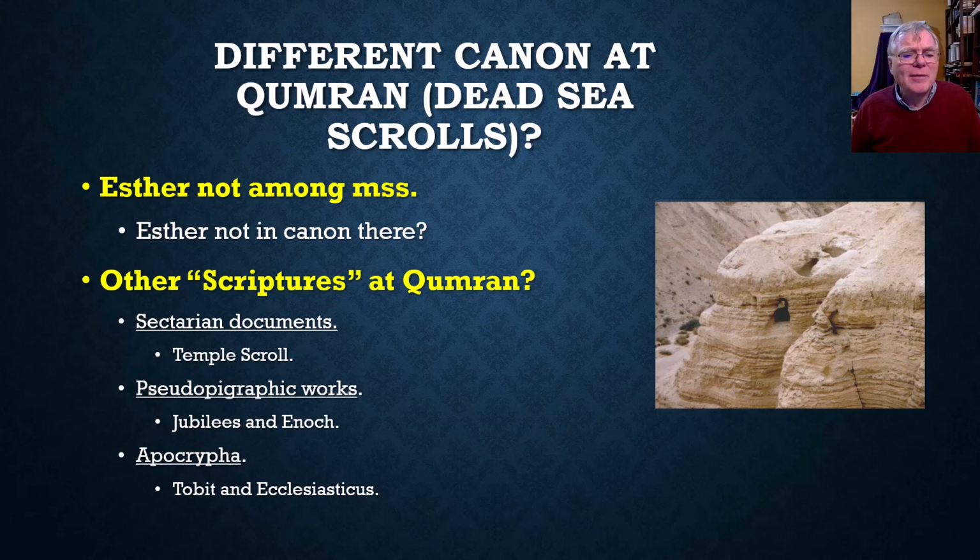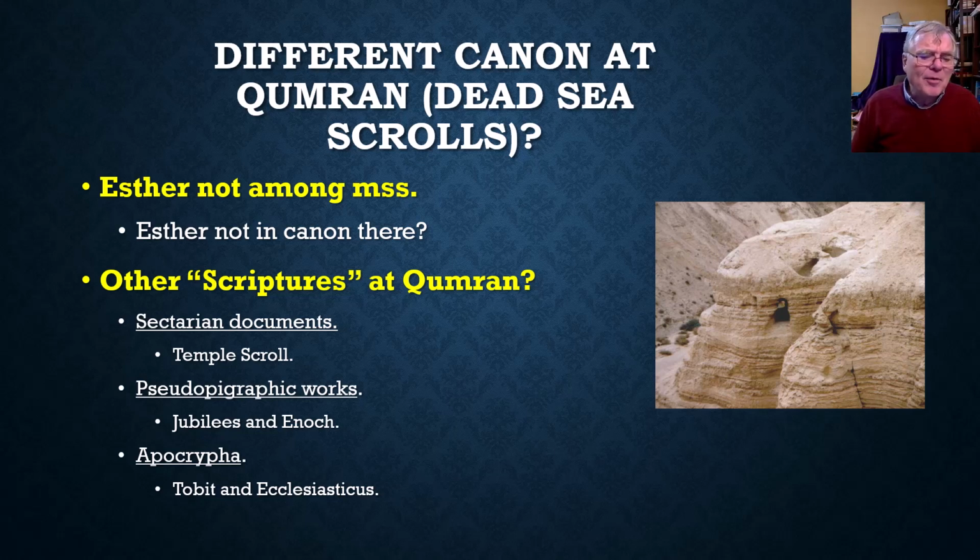Moreover, at Qumran, they also had in their library lots of other books. They had a number of sectarian documents. One of the bigger ones is called the Temple Scroll. They had some of the pseudepigraphic works, Jubilees and Enoch. Those are books not in any of the major Christian canons, but were early writings, Jubilees and the Book of Enoch.